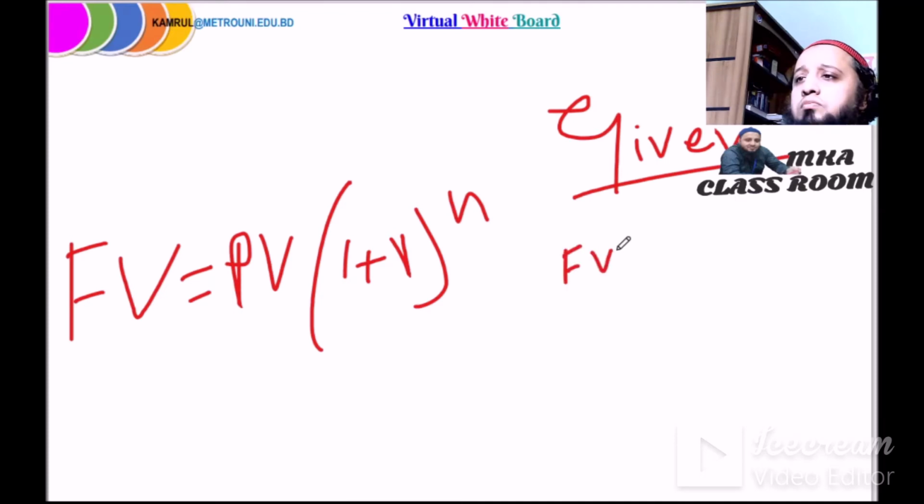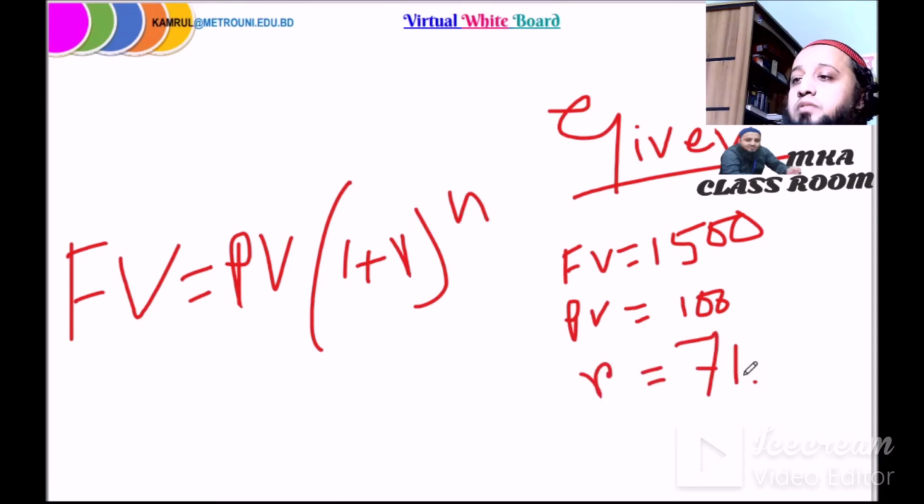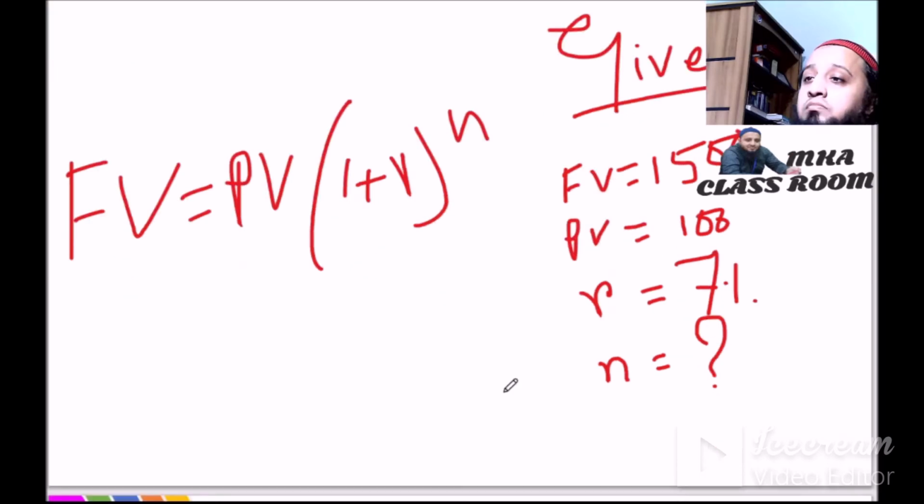Future value is 1500, present value equals 1000, interest rate is 7%. You have to solve for the value of n. So that is easy for us. Then we put our values into our formula.